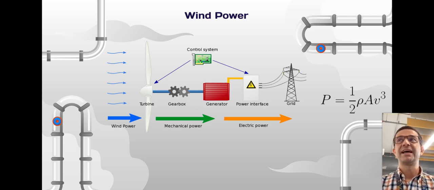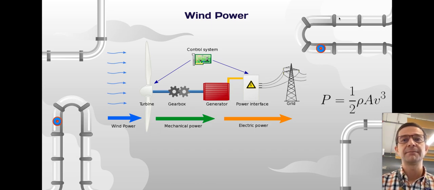What this means is that if you have a particularly windy area where speeds are very high, you can produce an awful lot of power. But if the wind speed is cut in half, the amount of power decreases by a factor of 8. So wind turbines can really only work when the wind is at high speeds.